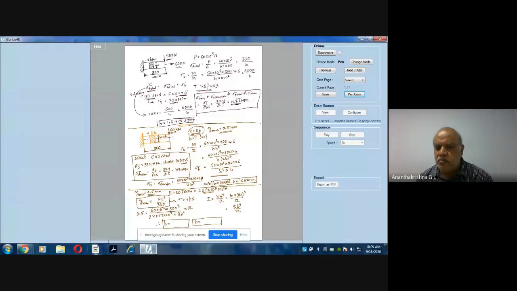F, L is the length of the beam, 3, Young's modulus is 207 into 10 power 3 megapascal. If not given, we can assume it as 2 into 10 power 5 megapascal. And I is BH cube by 12. You can directly substitute there, or separately calculate I and then substitute. Either way is fine. Get me the value of B and H now.